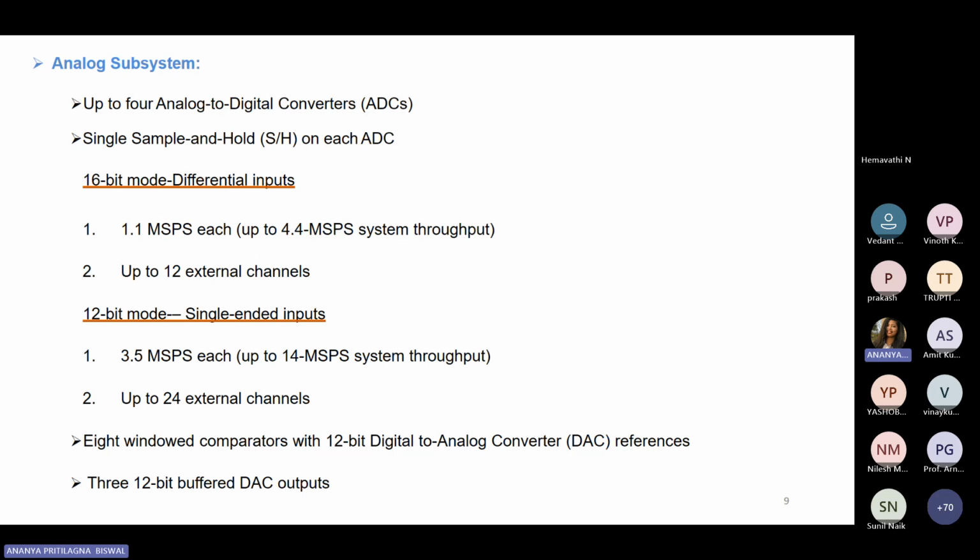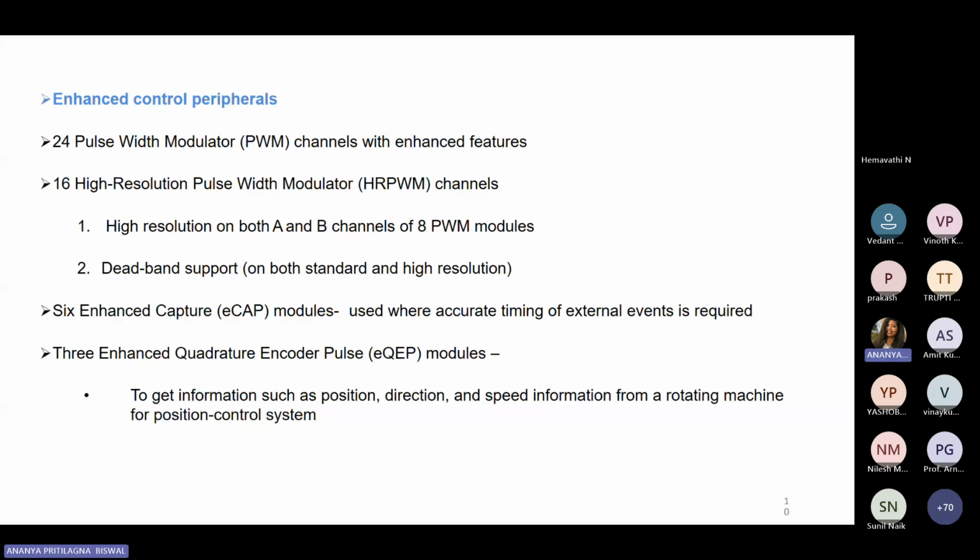Eight windowed comparators with 12-bit digital to analog converter references are also there, and three 12-bit buffered DAC outputs. Then enhanced control peripherals: 24 pulse width modulator channels with enhanced features, 16 high resolution pulse width modulator channels, on both A and B channels of 8 PWM modules.